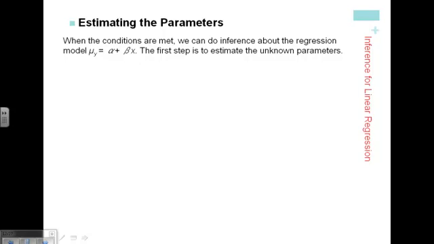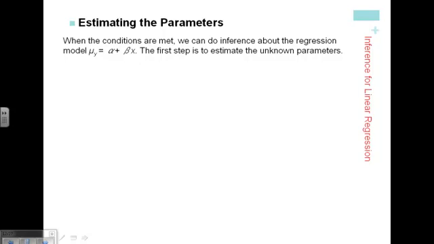We say that A, the statistic, is the estimator of alpha, the parameter, the true vertical intercept, as if we did a linear regression on all the data in a population. We say that B, the sample slope, is an estimator of beta, the population slope, or the true slope.